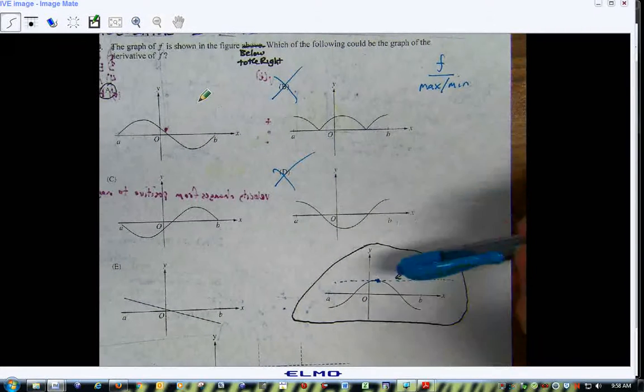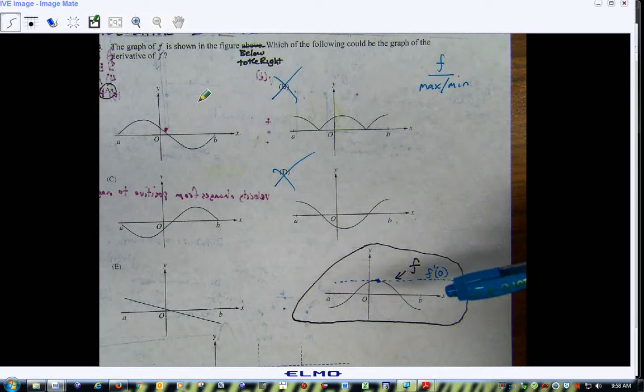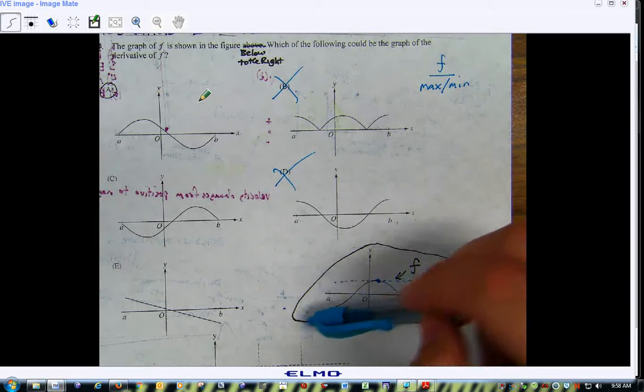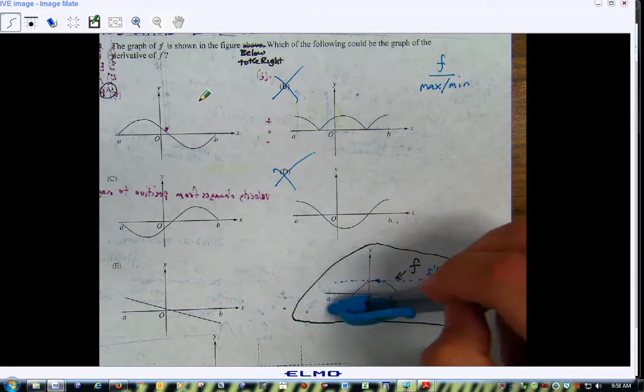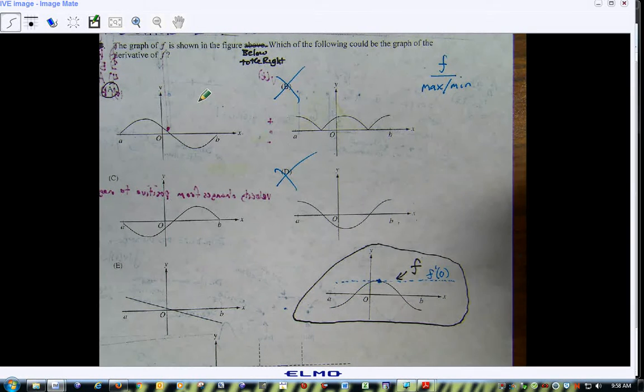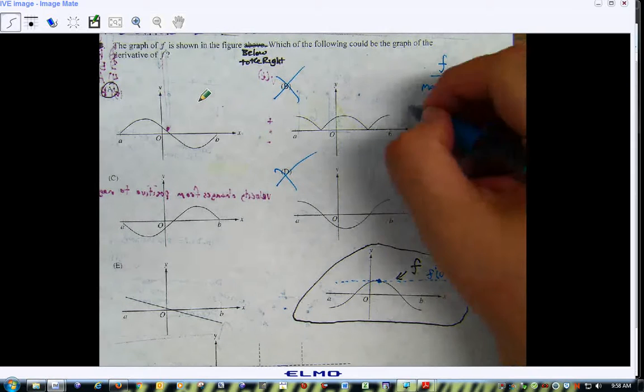So now, if it's increasing here, do you agree that it's increasing? So what should the derivative be? If f is increasing, f prime is positive.